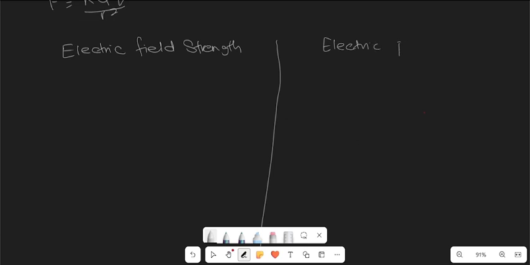So very similar to gravitational field strength and gravitational potential, but again, there are differences as well. So first of all, first point, electric field strength.